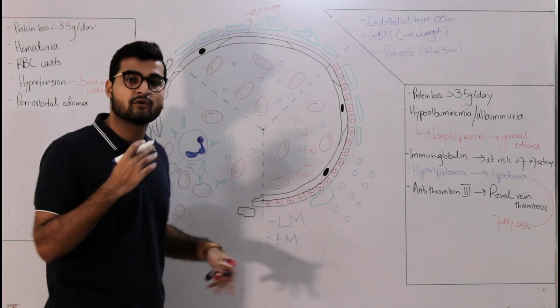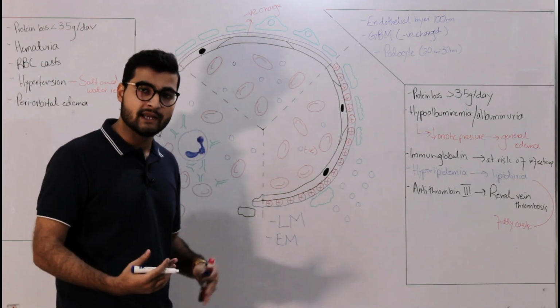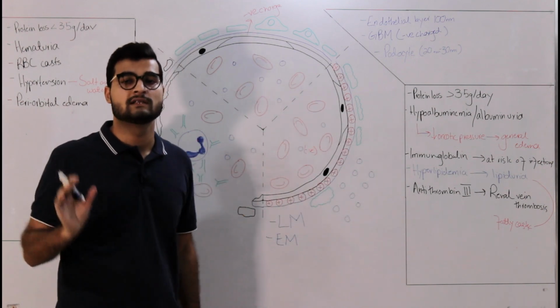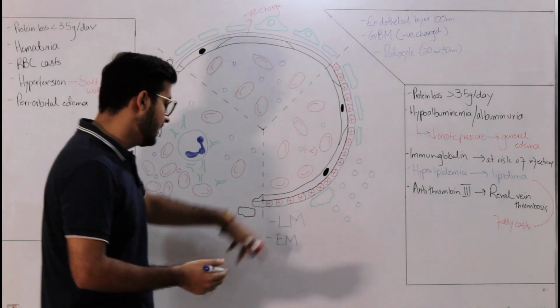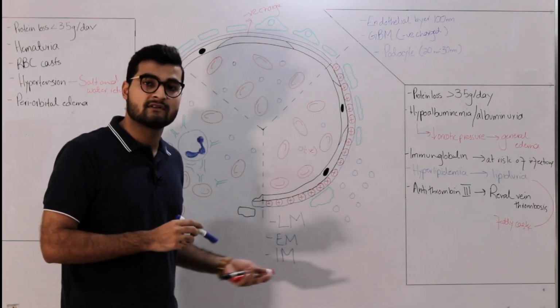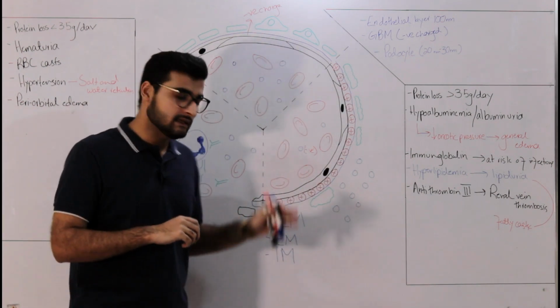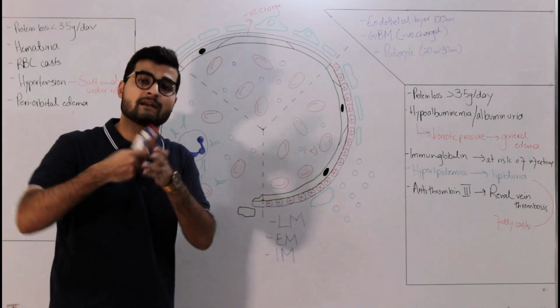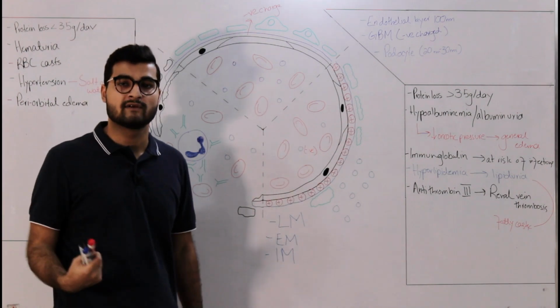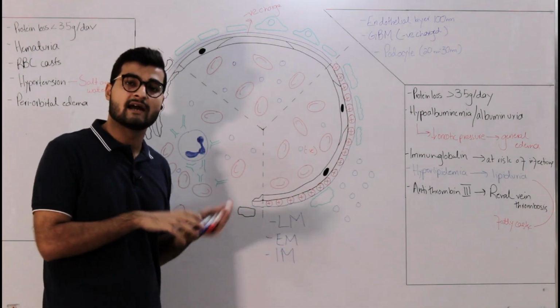On electron microscopy, it's usually more magnified compared to light microscopy, to see if there might be a small pathology that you missed on light microscopy. And after this, you also go for immunofluorescence, because in immunofluorescence you're able to visualize any antibodies that might be deposited inside your glomerulus. So through immunofluorescence you can identify that. So these are a few diagnostic tests that you run.